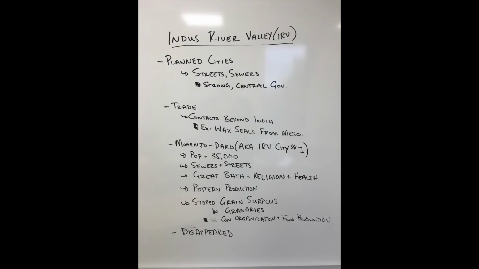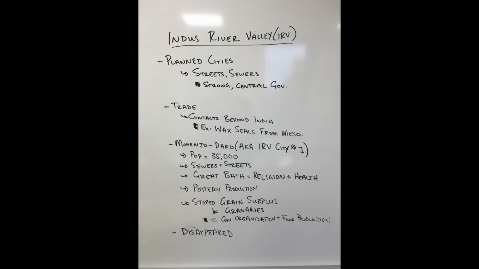If you go to Google Maps right now and search Washington, D.C., or Indianapolis, Indiana, from overhead you can see that clearly before people were inhabiting this area, they made the roads so that they make sense. They created a sewer system. It's going to be the same with these people in the Indus River Valley.